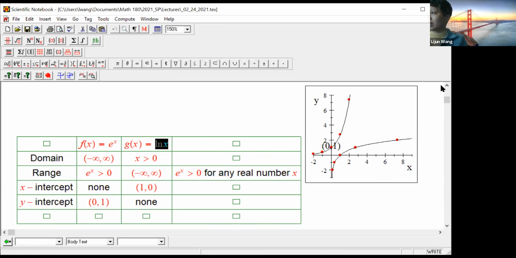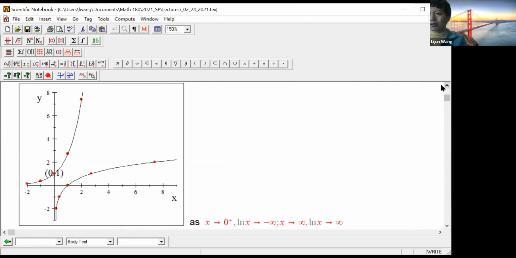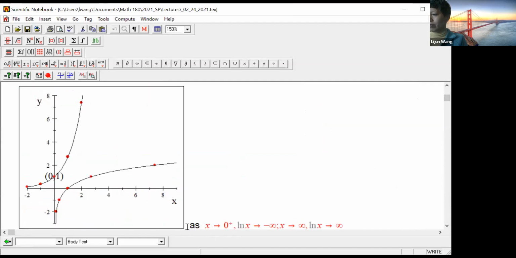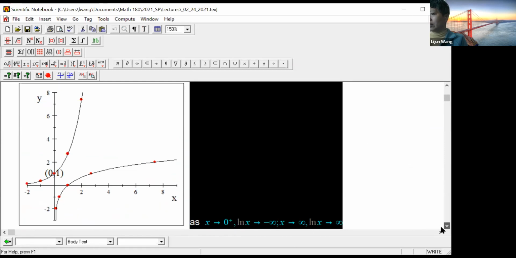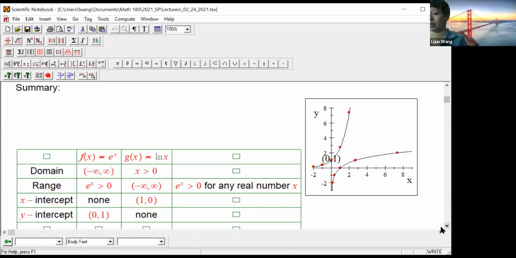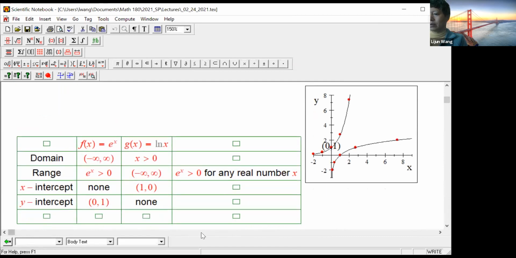And of course, the other thing is the limit, right? Those other descriptions, for example, we did here for ln x. For ln x, if you like, you can put it in there. Let's see, where do we put them?